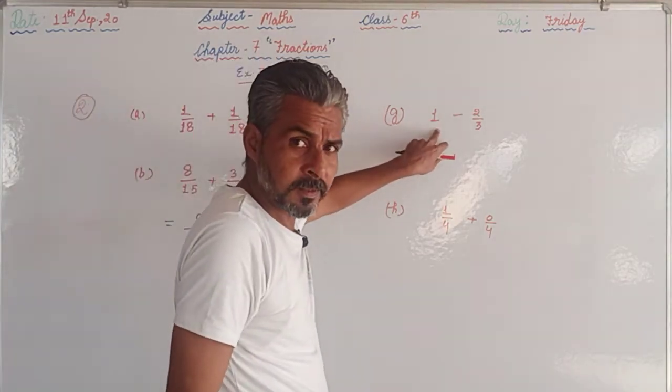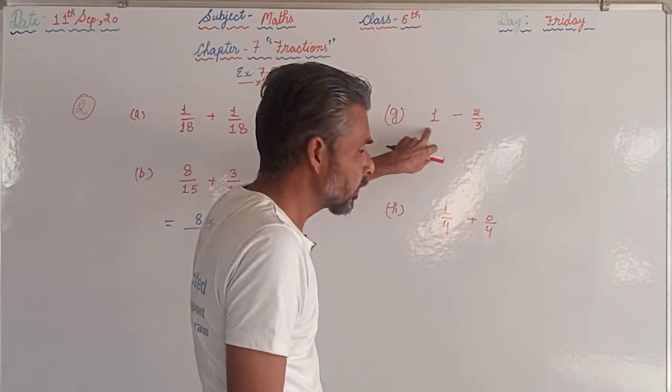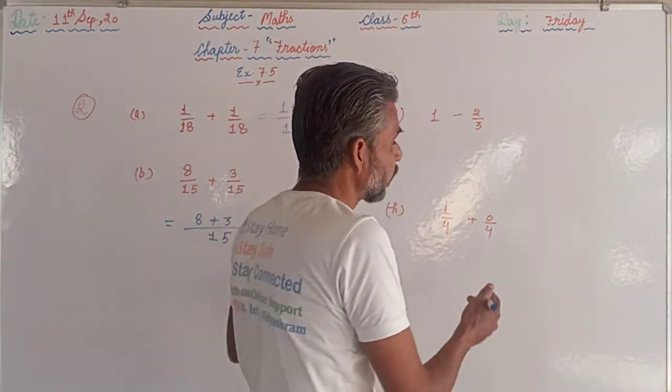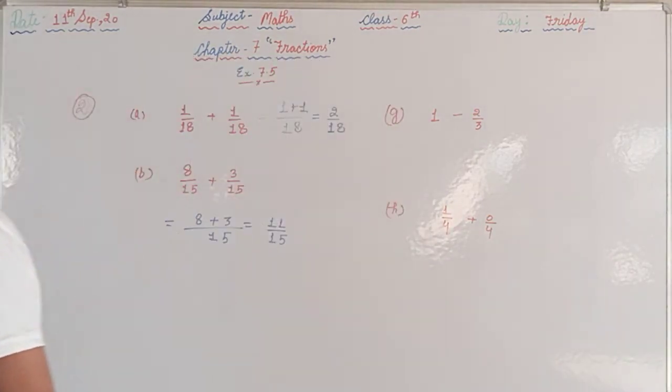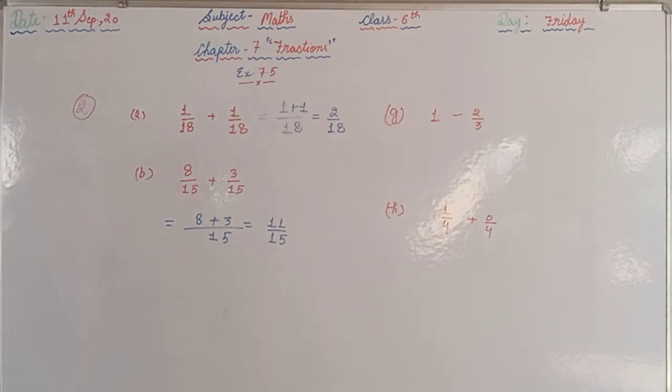Now here nothing is there as the denominator, so recall the question, you can see question number 4 of exercise 7.4, that is on page number 53.